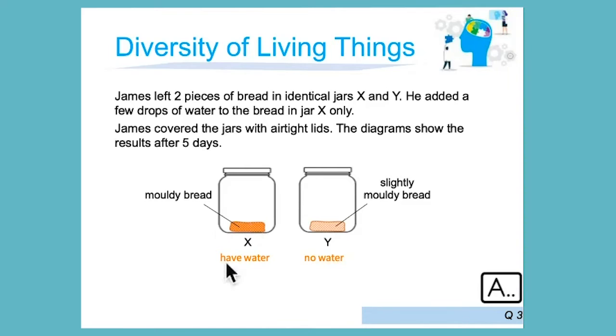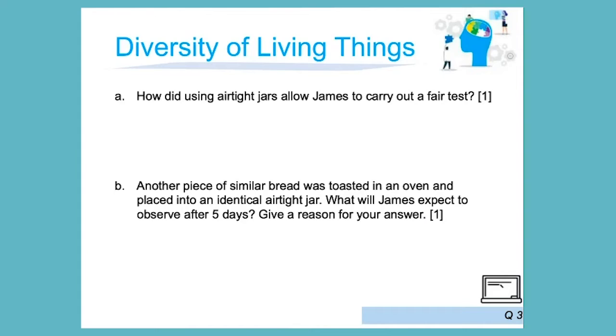I realize when it has water, my bread is actually moldy. But without water, my bread only turns slightly moldy. So this already gives me a certain connection as to what could potentially result in a different amount of mold.